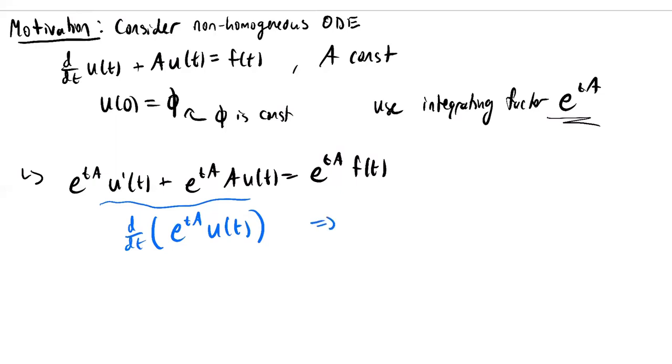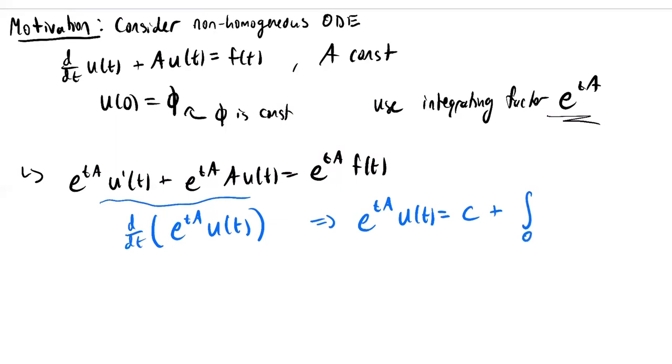And so this implies that e to the ta times u of t is equal to some constant c, by taking the antiderivative, plus the integral from 0 to t of the function that was on the right-hand side, right? We're taking the antiderivative, so I have to integrate. And so e to the s times a f of s ds.